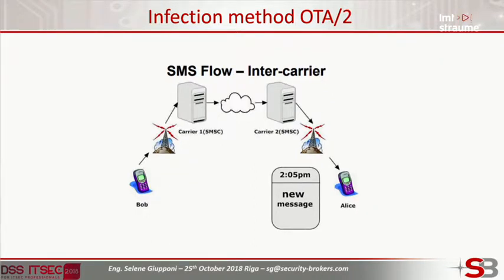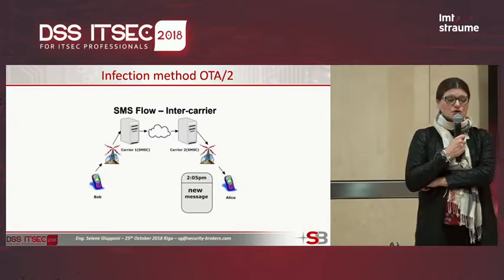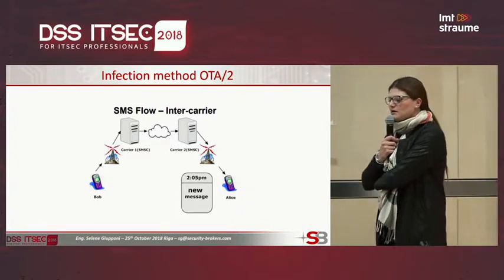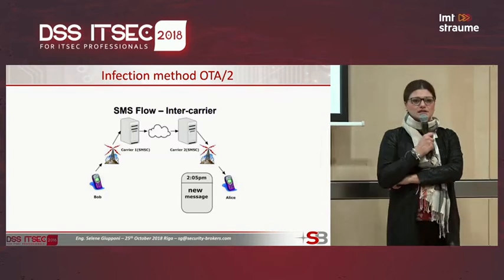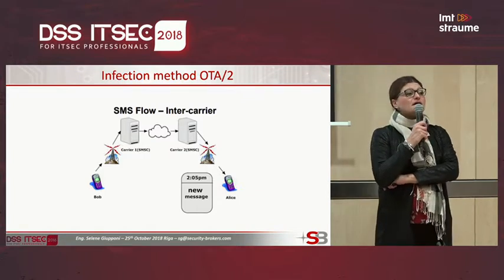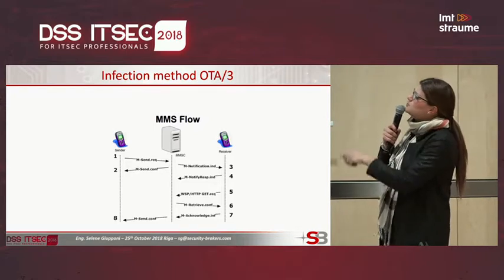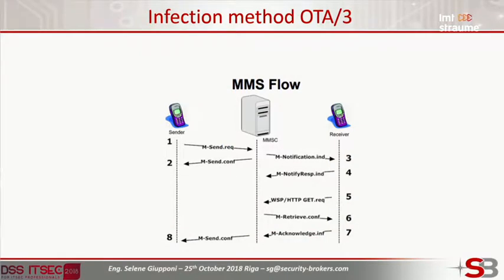Because, for example, you have to think, if we have this kind of silent SMS, the silent SMS doesn't appear in the SMS folders. So just through a mobile forensics analysis can we find the silent SMS. Then there is also another attack through OTA over the air, that is MMS flow.